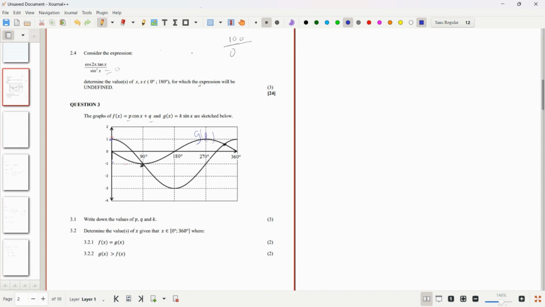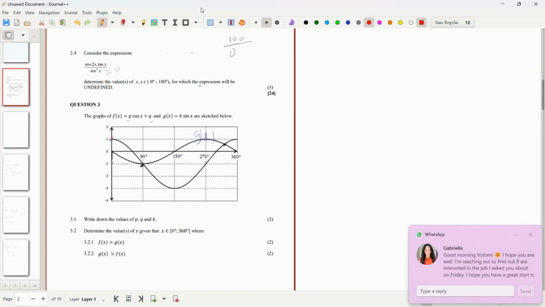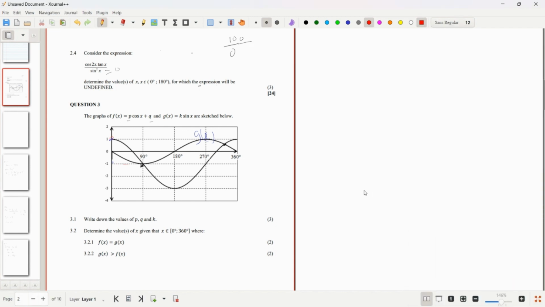And then f of x will be the red one, which is cos, right? Now we need to determine where g of x is greater than f of x. So we look at these graphs, right?